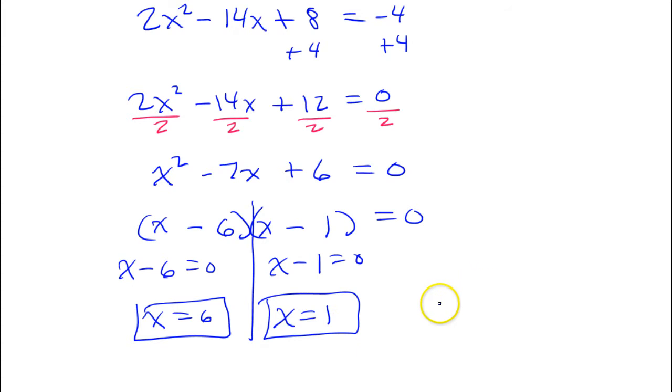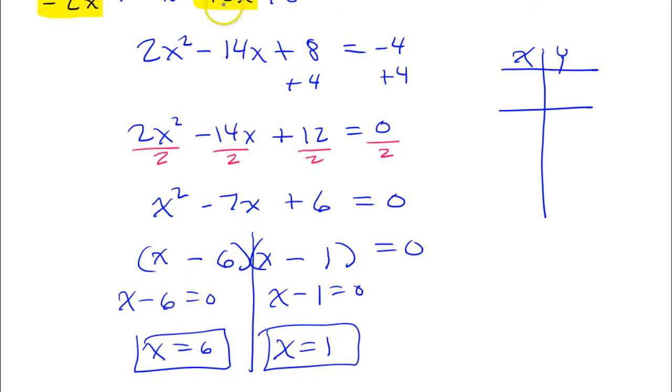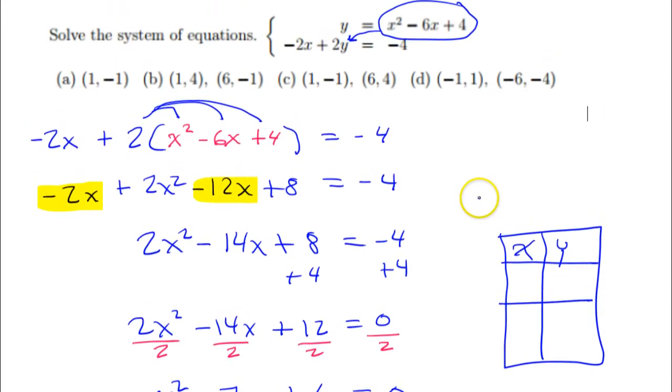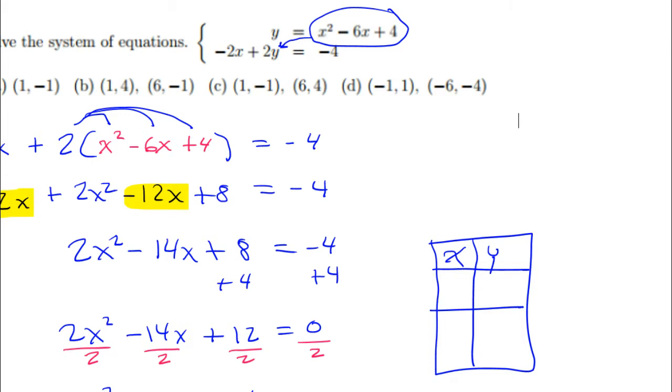Now, this is not the end. Keep that 6 and 1 in the back of your mind. But this is not the final answer. I guess I didn't need to make it that big. Let me make it a little smaller. This is not the final answer because in the original equation, I had x's and y's.